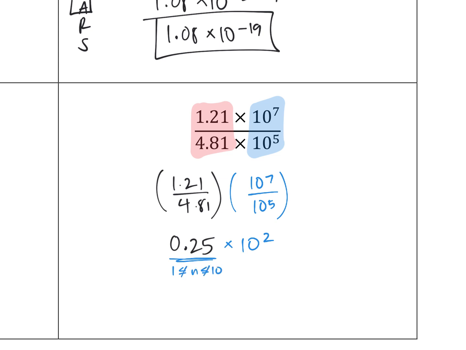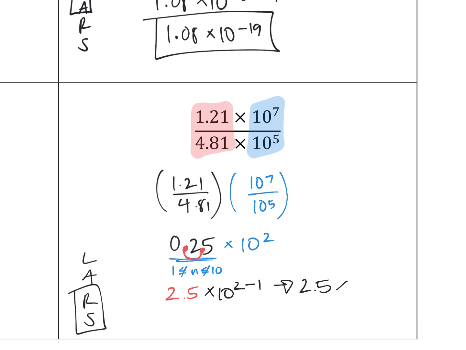So I need to make it in between 1 and 10, which means I need to move so that way I have 2.5 times 10 to not the second, but with my acronym, when I move to the right, I am going to subtract. So I'm going to subtract the number of places I move, so minus 1. So this would become final answer of 2.5 times 10 to the first power.